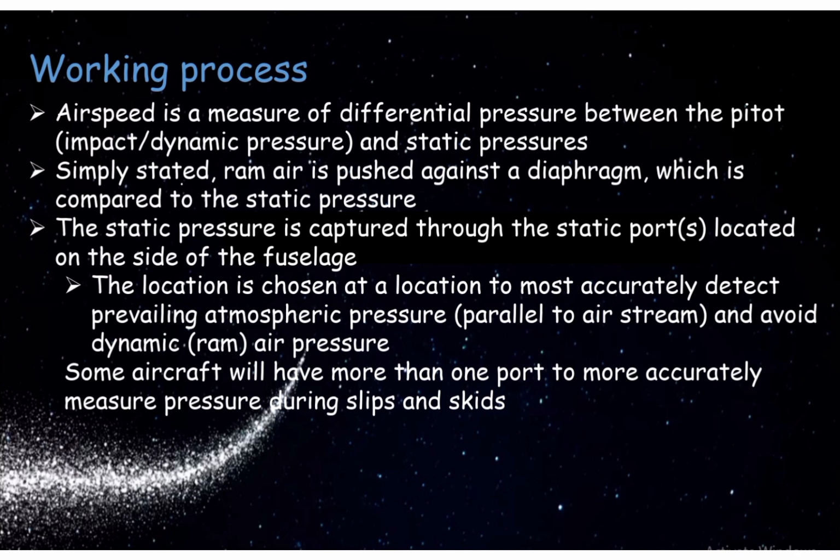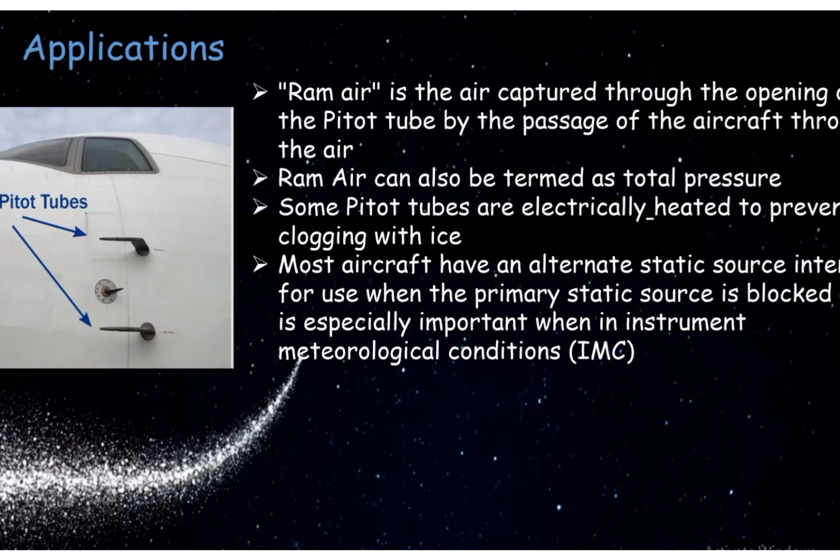It measures the airspeed by the differentiation of pressure between the pitot and static, that is dynamic pressure. Simply stated, the static pressure is captured through the static port, which on the aircraft is located on the sides of the fuselage skin. The location is chosen to avoid the ram air.